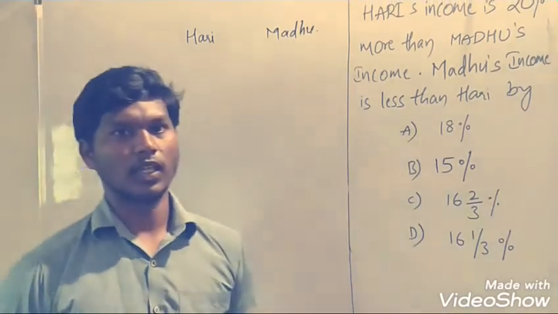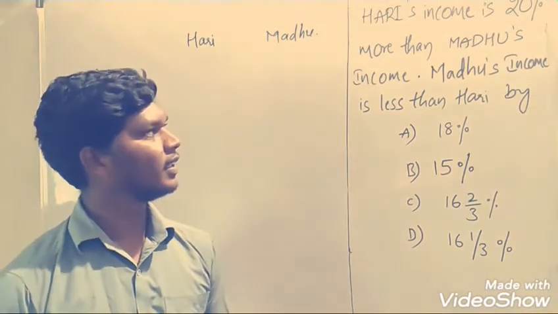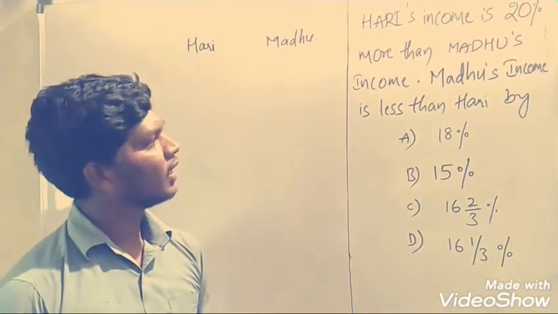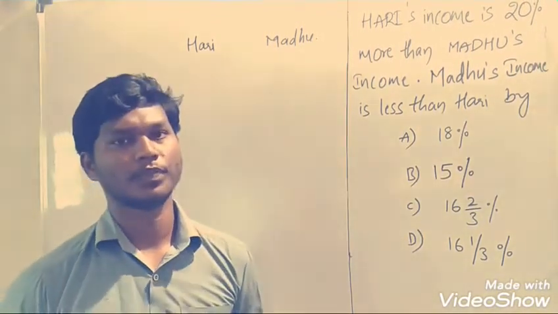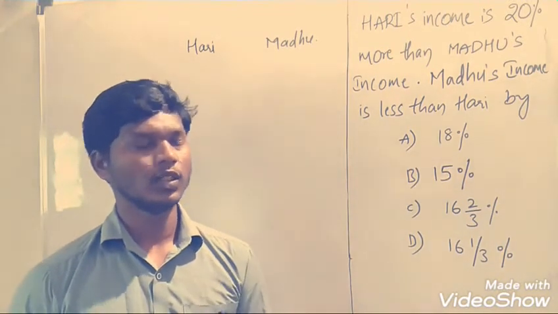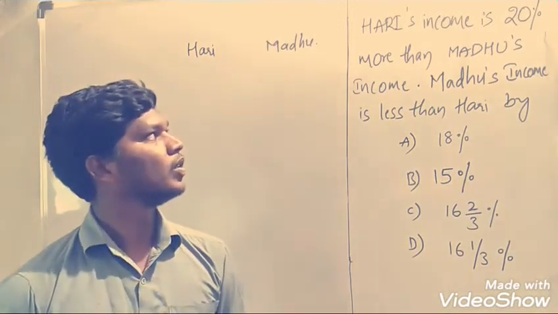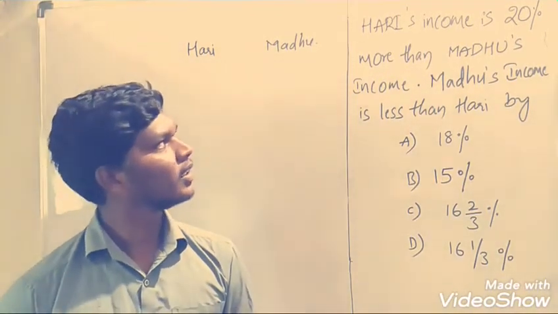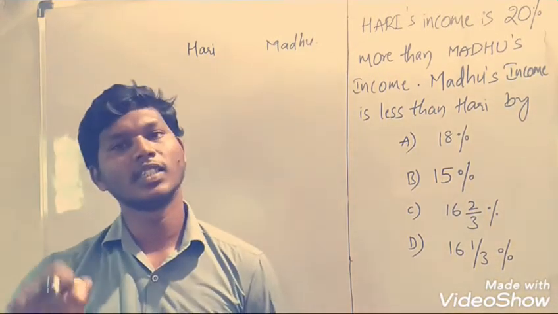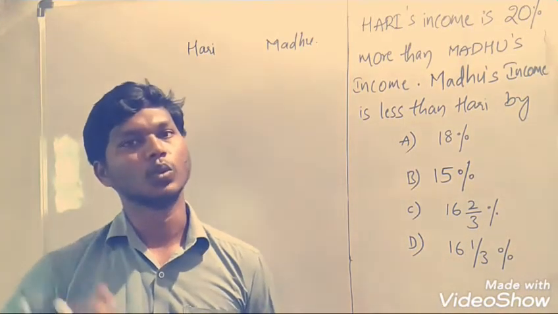He is asking by what percent Madhu's income is less than Hari's, and he has given one statement that Hari's income is 20% more than Madhu's.